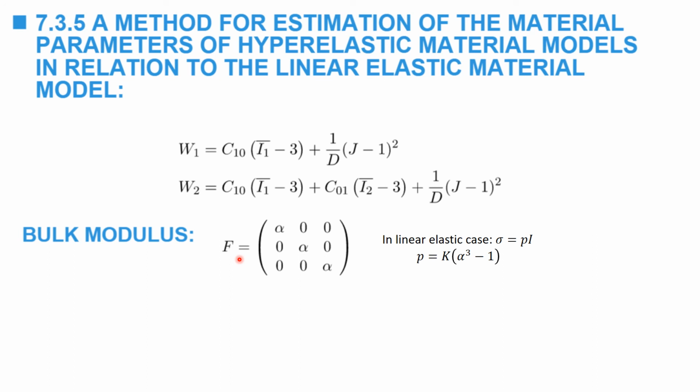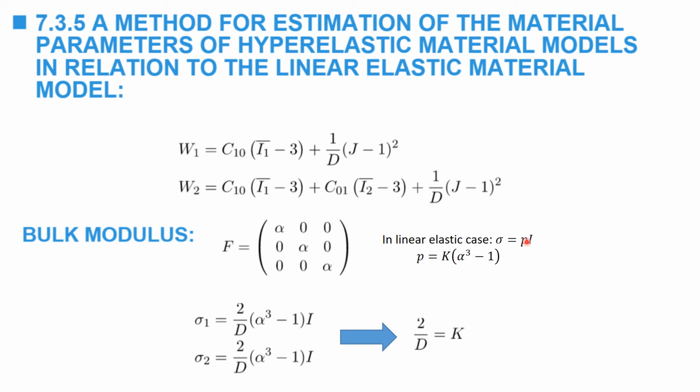If I now use the expressions for sigma as a function of F, I've got the two forms, I can find the stress given this F. Here's the stress for the first expression and the stress for the second expression. Because these two forms separate J from the I1 bar and I2 bar, you'll find that the stresses for these two energies are identical.